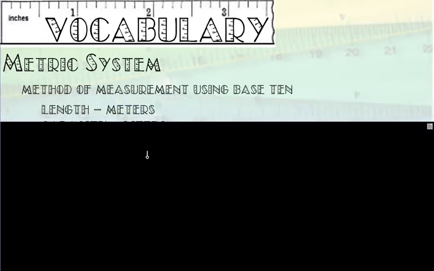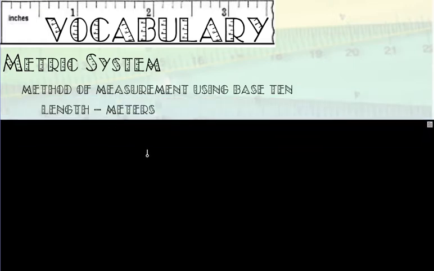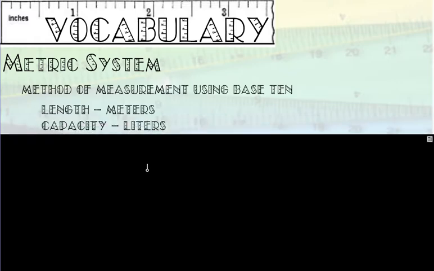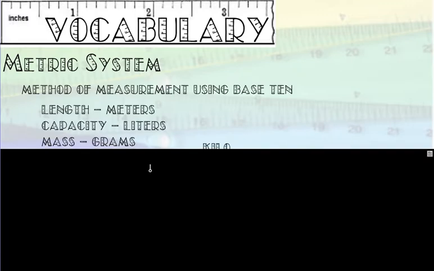Okay, so then here, for length, we measure in meters. Capacity, the base unit is liters. And mass, the base unit is grams. Now, there are several different units for each of these, but it's the prefixes that are different.